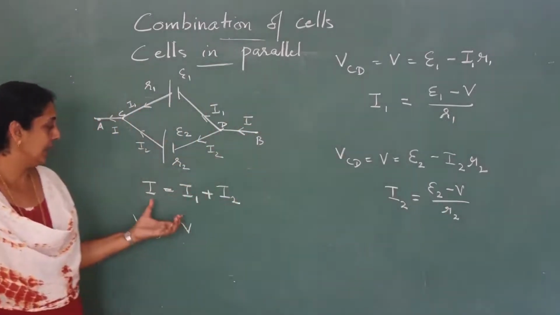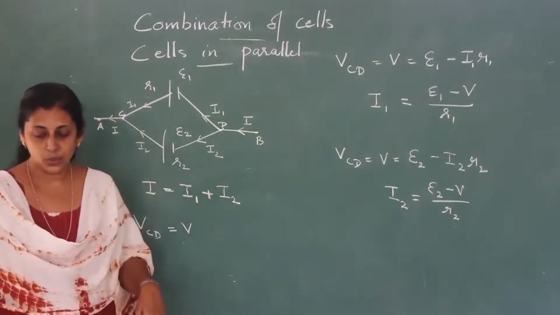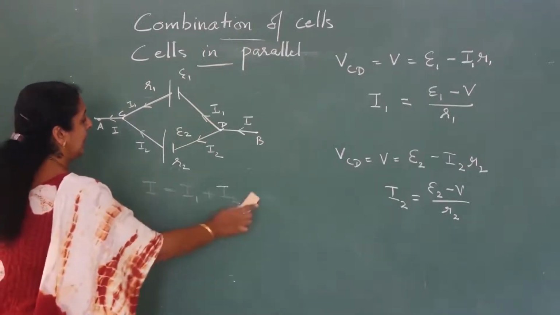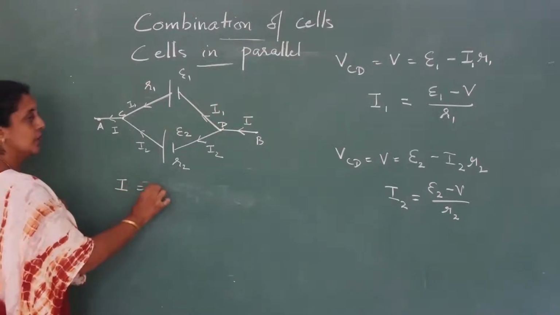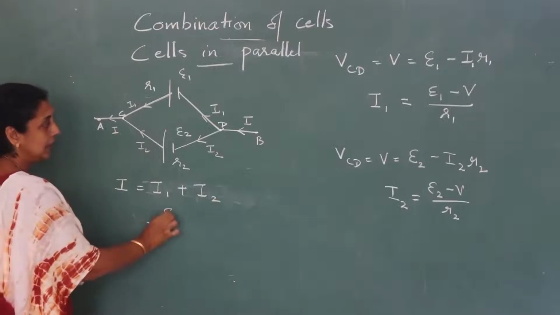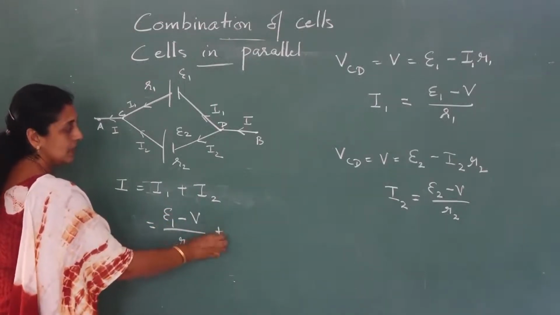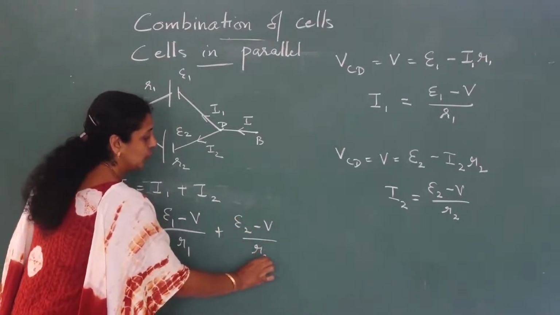Substituting these values in the relation I is equal to I1 plus I2, let me rewrite this here. So we have I is equal to I1 plus I2, so I have (E1 minus V) by R1 plus (E2 minus V) by R2.